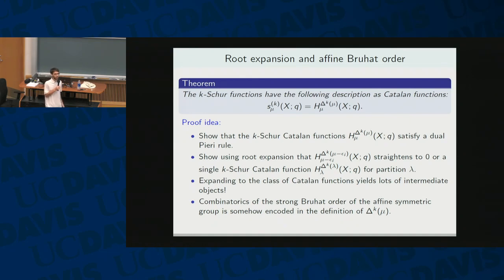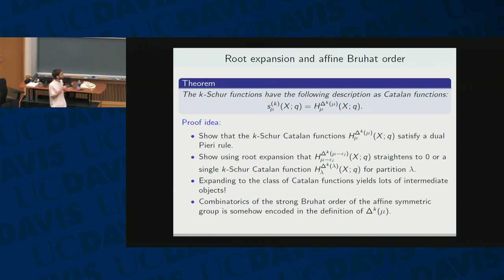And to prove this, we had to connect these k-Schur Catalan functions to a definition of k-Schur functions involving strong Bruhat order on the affine symmetric group. The meat of the proof is that you have to take one of these k-Schur Catalan functions indexed now by something that's not a partition weight. It's close to a partition weight, but not quite. You get to subtract one somewhere.